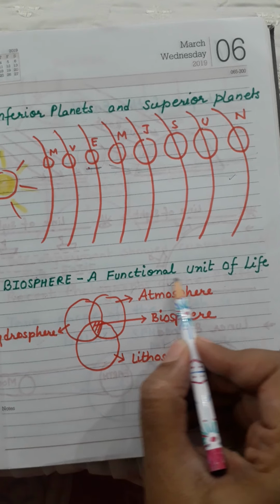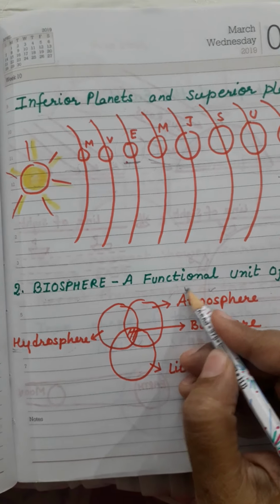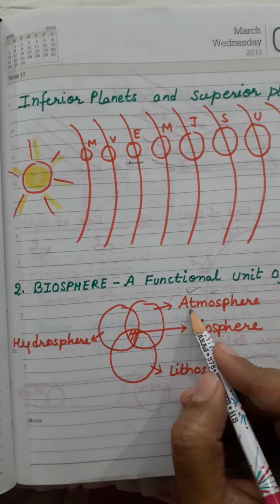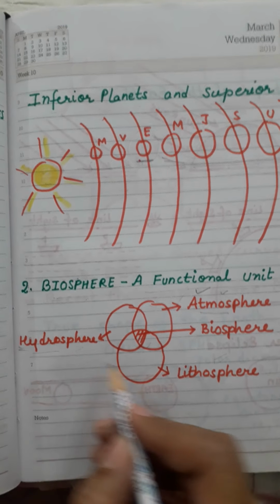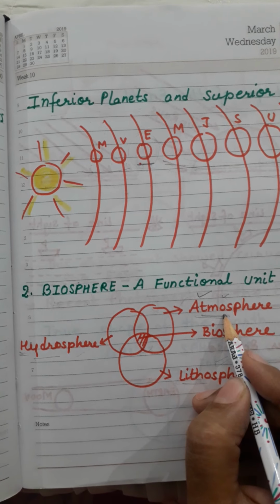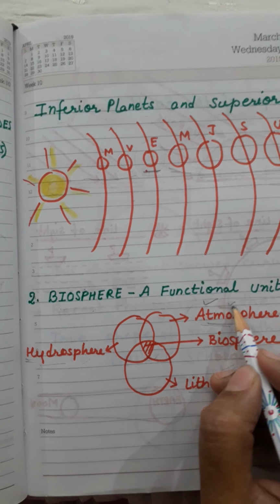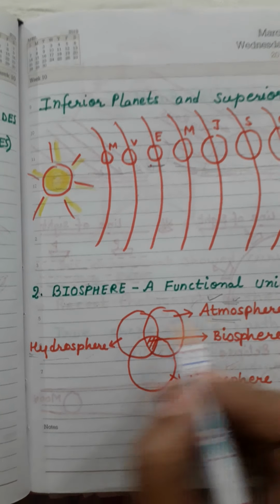Next, biosphere, a functional unit of life. As we know, there are three major domains: atmosphere, hydrosphere, lithosphere. Atmosphere stands for air, for gases.